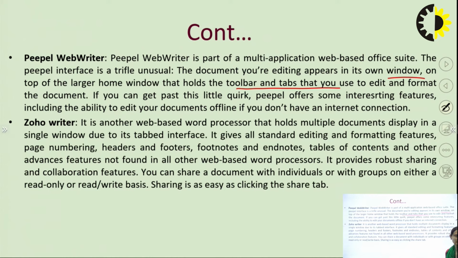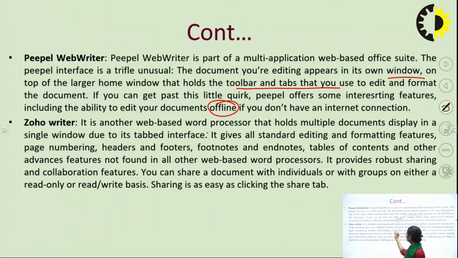If you can get past this little quirk, People offers some interesting features, including the ability to edit your documents offline. That is, you can edit your document offline, then when you get online, you can sync your document.